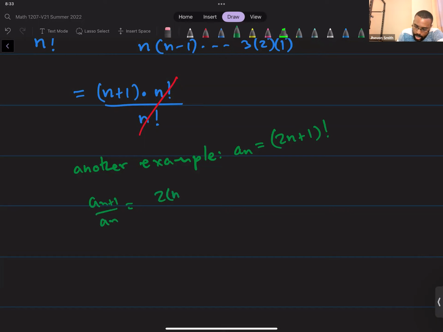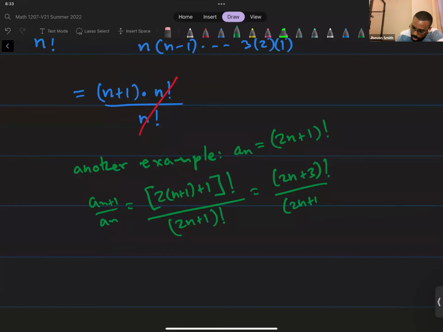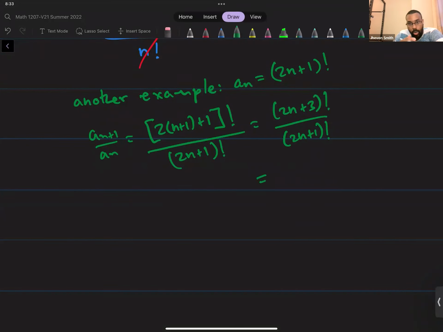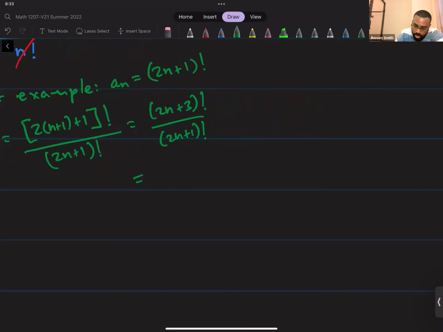This would be 2 times (n plus 1) plus 1 factorial divided by 2n plus 1 factorial. So this is actually 2n plus 3 factorial divided by 2n plus 1 factorial. With factorials, what you can always do is start at the bigger one and start counting the factors down until you get the smaller one. So 2n plus 3 factorial is 2n plus 3 times 2n plus 2 times 2n plus 1. I reached the smaller one, so stop right there and put the factorial on it.